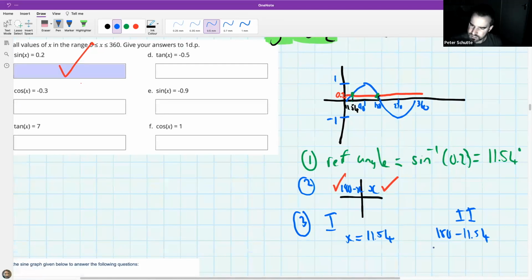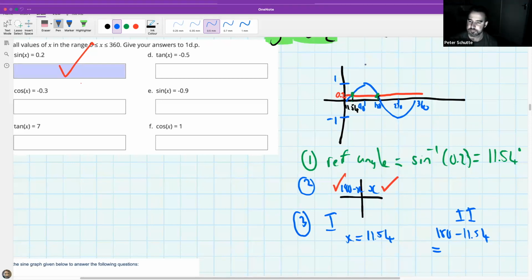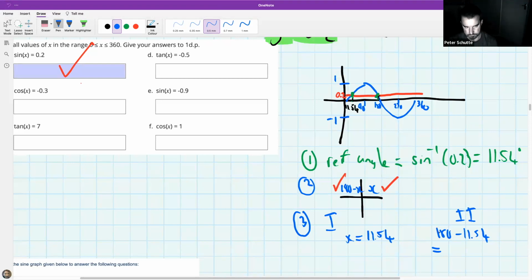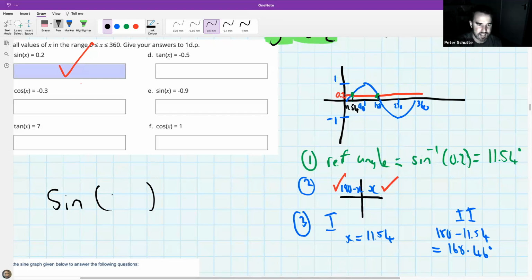Can somebody use their calculator to give me an answer for that one? We get 168.46.